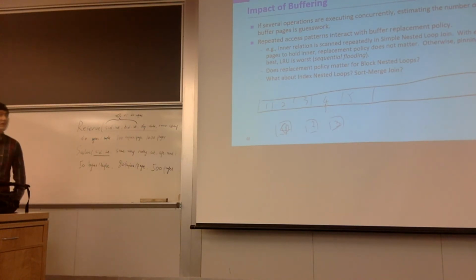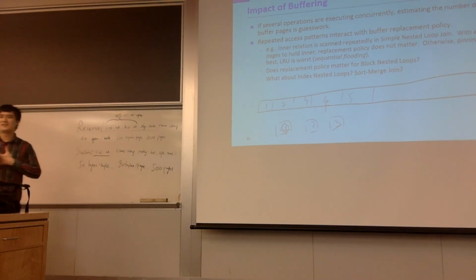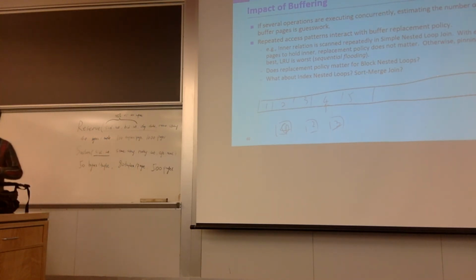For sort merge join, it doesn't really matter, because everything is only read once. Even for the intermediate result or the base table, everything is read exactly once. You do not come back to the same page. So sort merge join is typically not affected by the buffer replacement process.